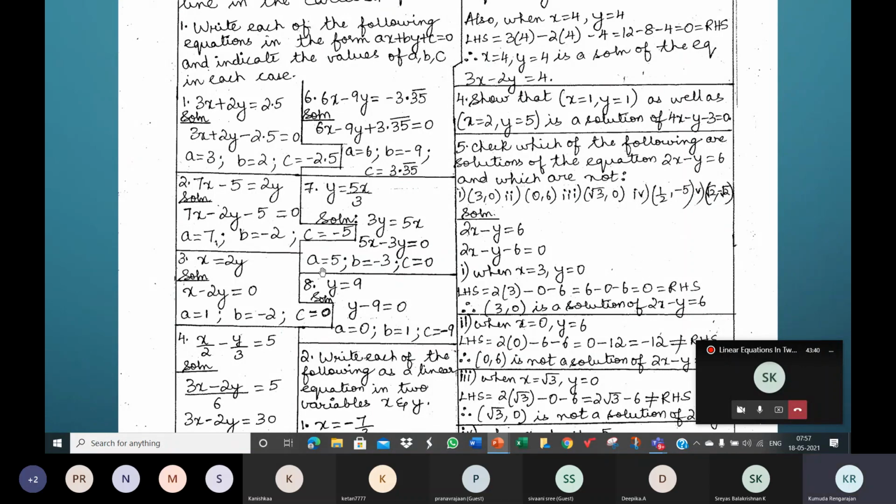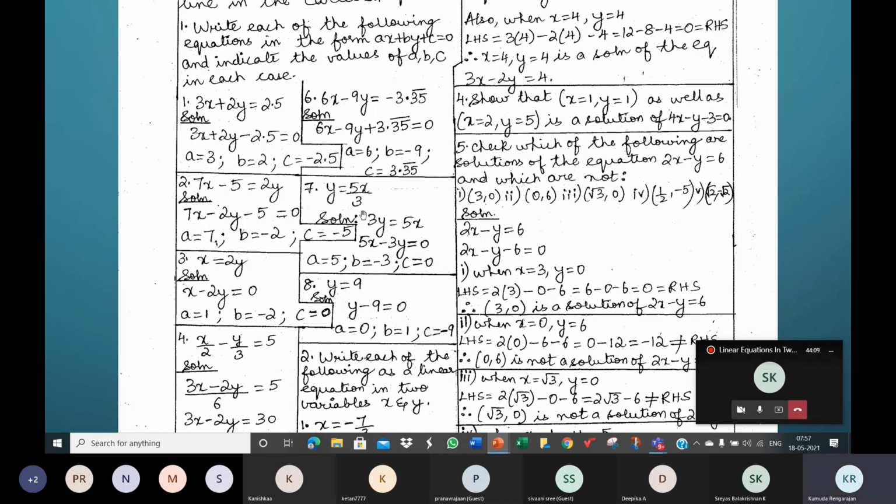Here C is 0. So A will be minus 5, B plus 3 and C 0. That is fine. So you can get two sets of values. The second set will have the same numerical values with opposite signs.